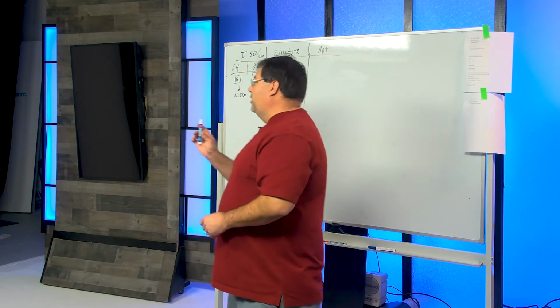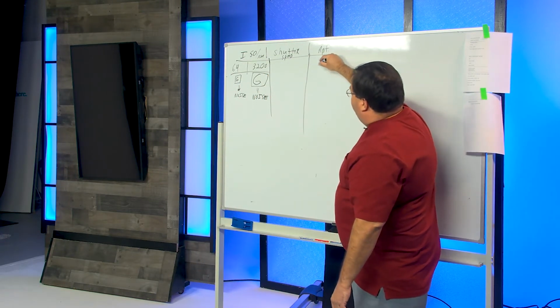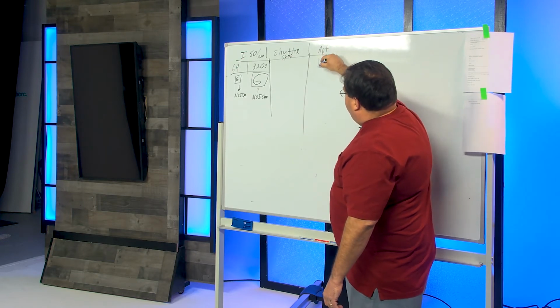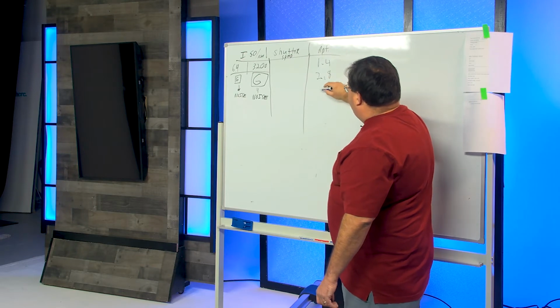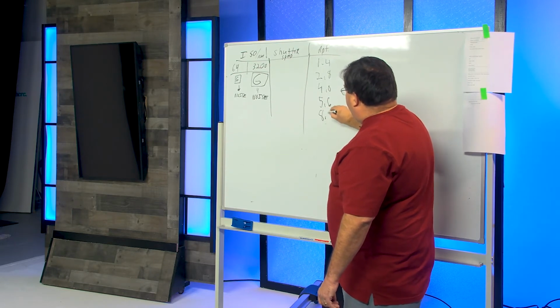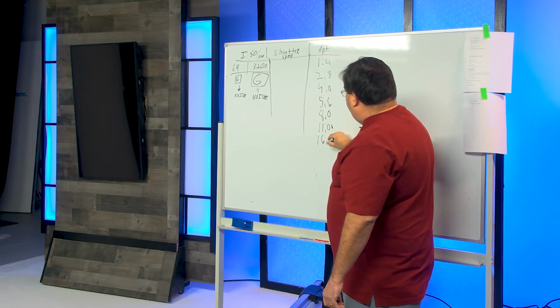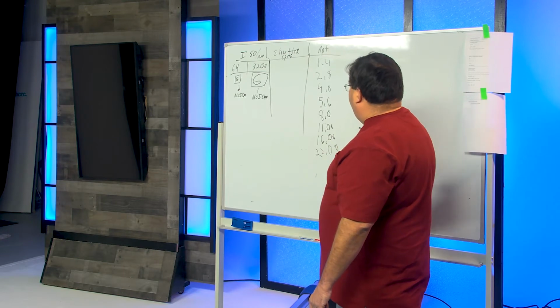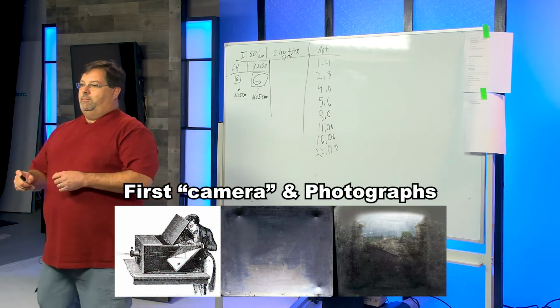So, aperture, let's just start with 1.4, 2.8, 4.0, 5.6, 8, 11, 16, 22.